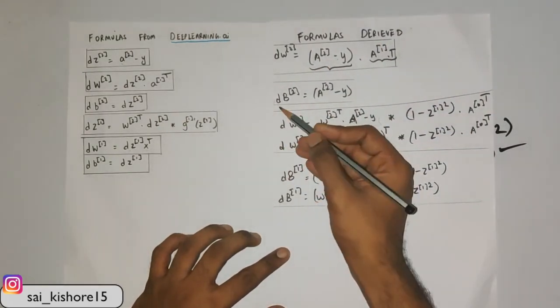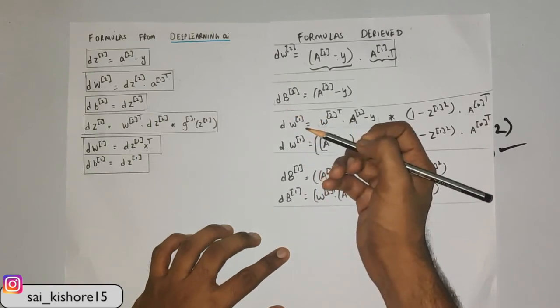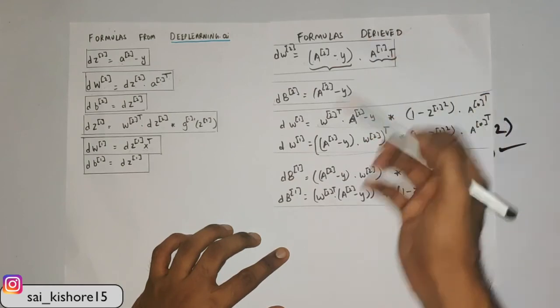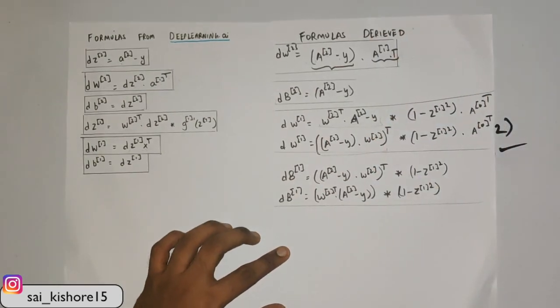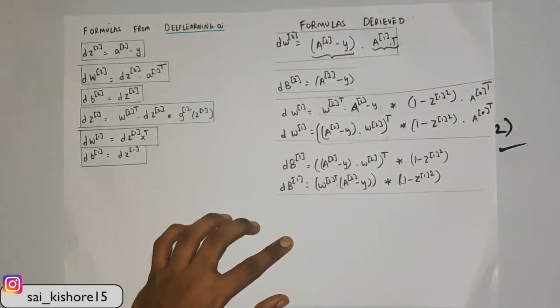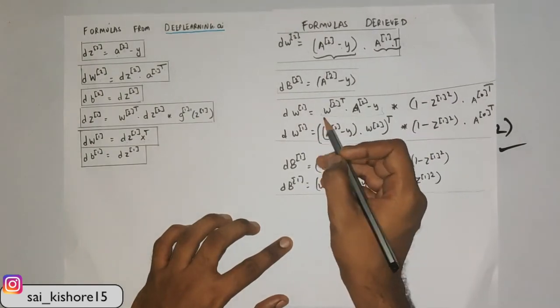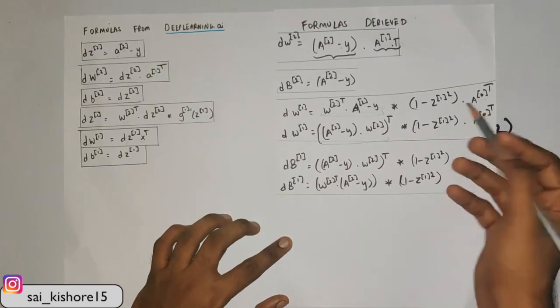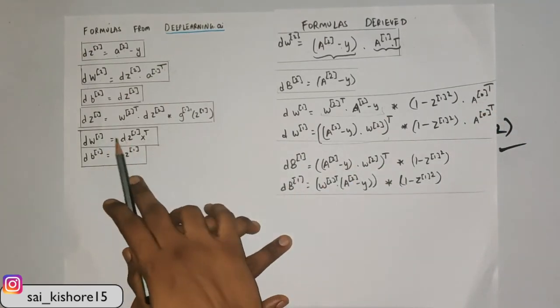And then to compute dB2, it is the same thing as dW2, only without the extra multiplication term. Coming to the first layer, the first layer has this big term and then multiplied with A0. So this is essentially the same thing as this.